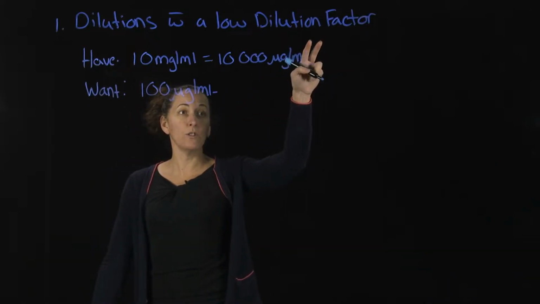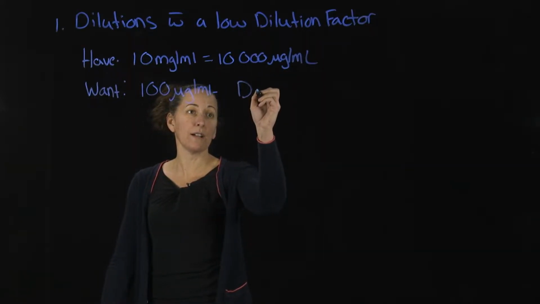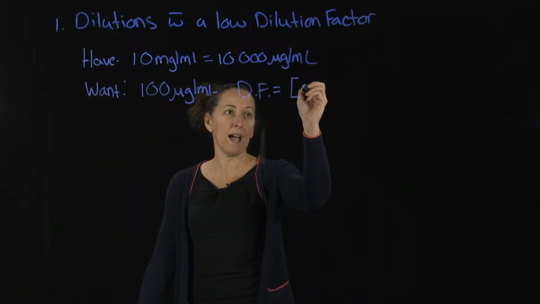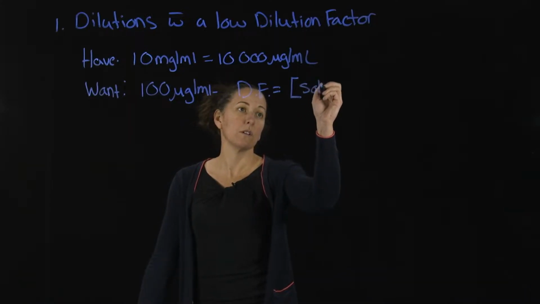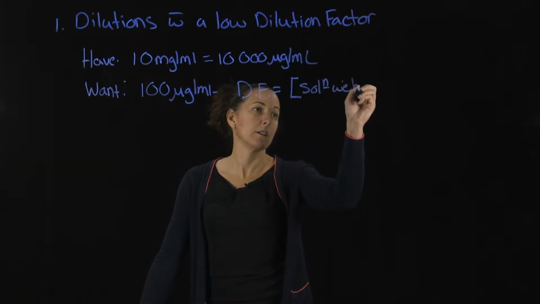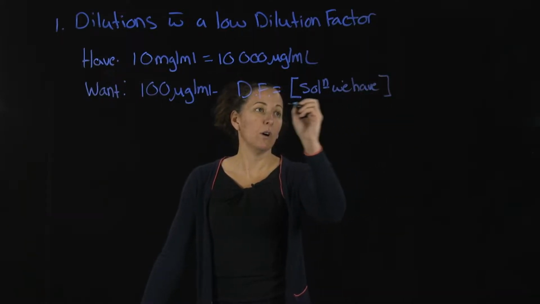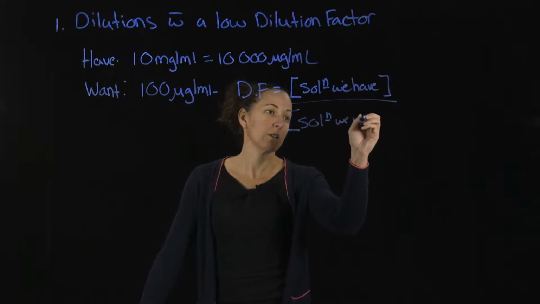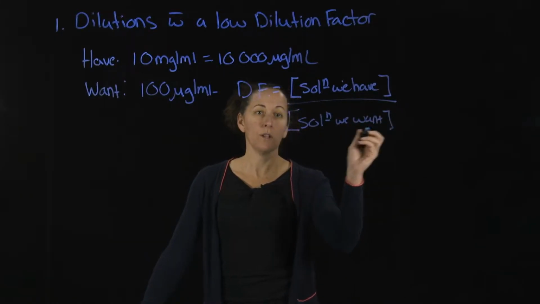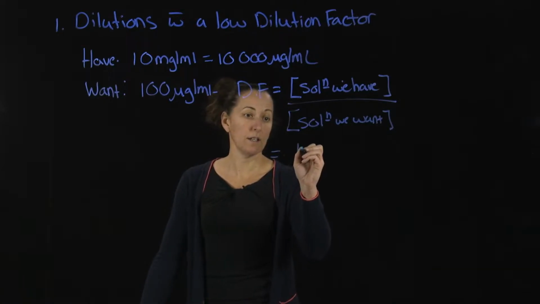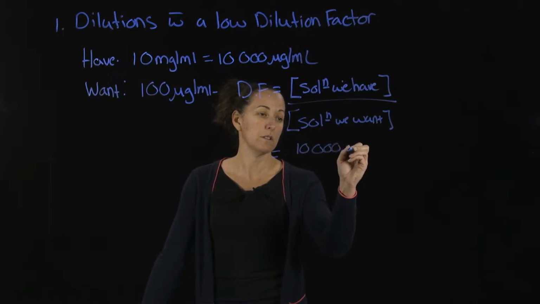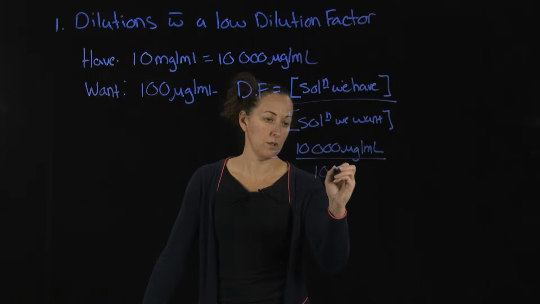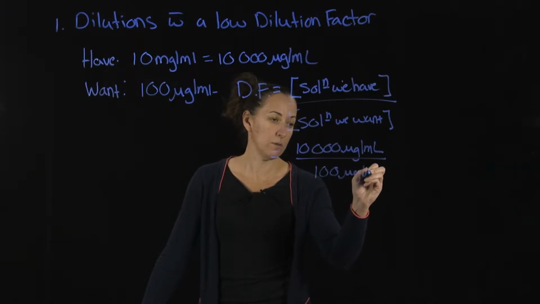To figure out the dilution factor, it equals the concentration of what we have over the concentration of the solution we want, which in our case is 10,000 micrograms per mil over 100 micrograms per mil.